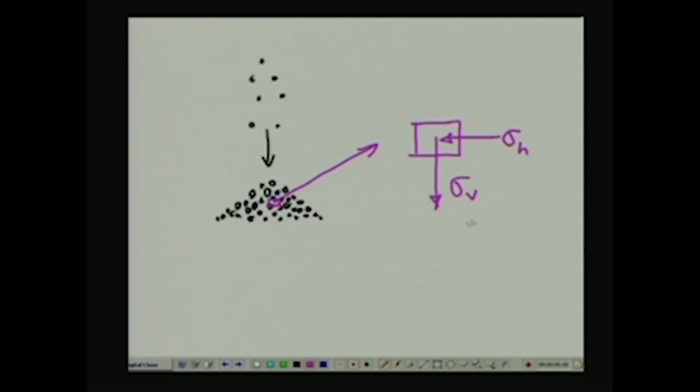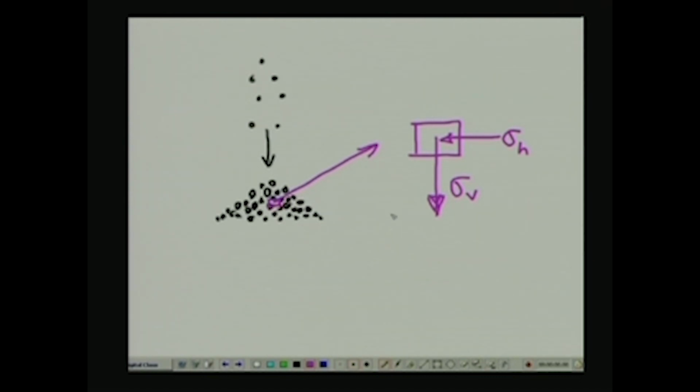We are going to consider this in greater detail later on, but what is sufficient at this stage is that sigma v is roughly equal to the weight of the soil, or the weight of the particles, that are above this particular element, and sigma h is controlled by the lateral restraint of the grain movement.